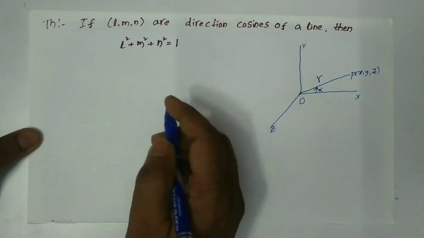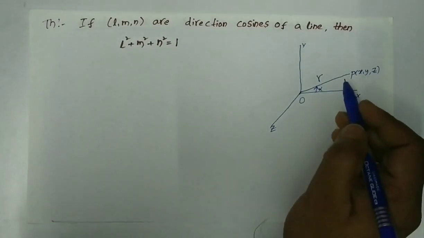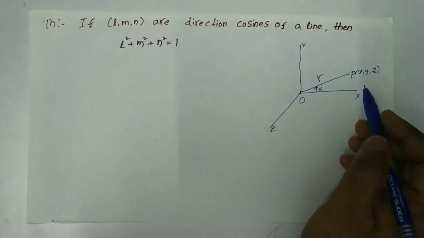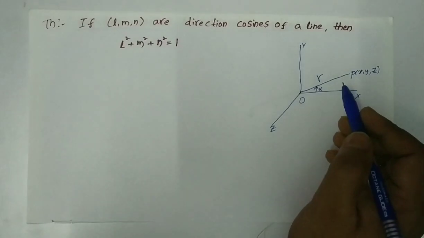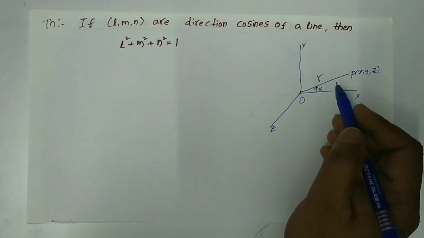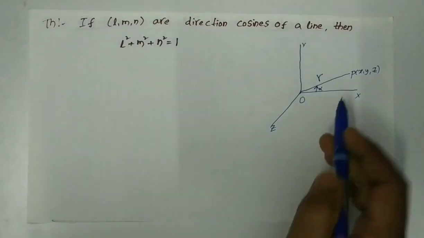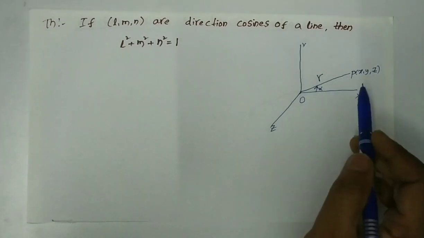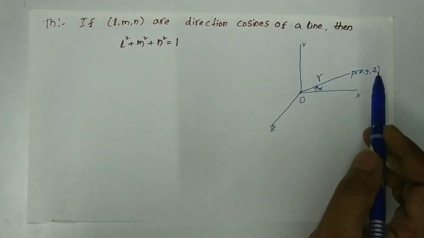Okay, already we know that if OP is equal to r and the direction cosines of OP are l, m, n, then the coordinates of the point P are lr, mr, nr.